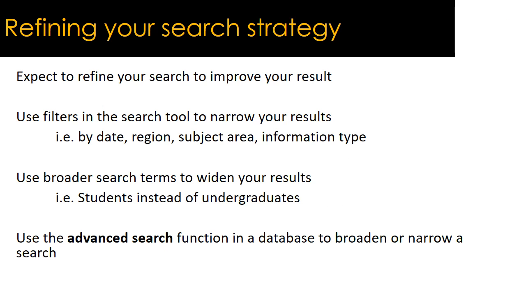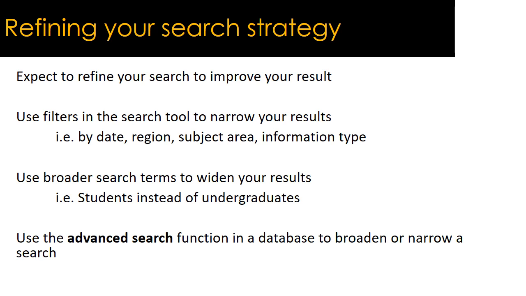It's quite usual to have to refine your search strategy in order to improve the results that you have from searching in a database. There are a number of ways in which you can do this. Most databases come with filters to allow you to narrow your results by things like date, region, subject area, or information type.